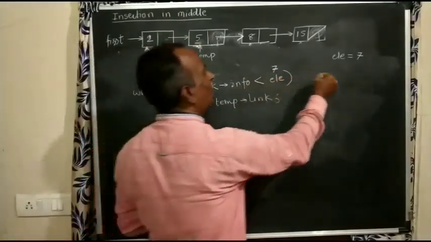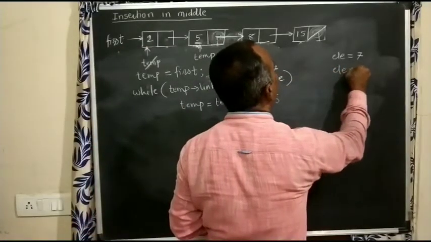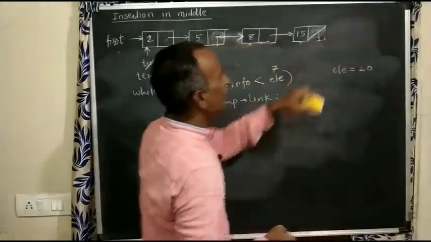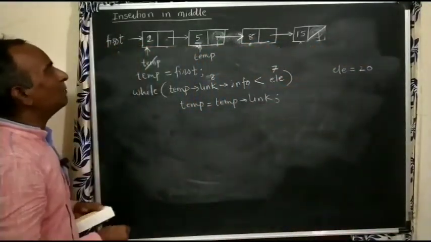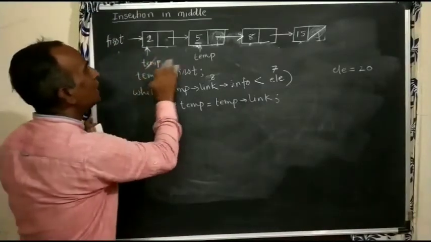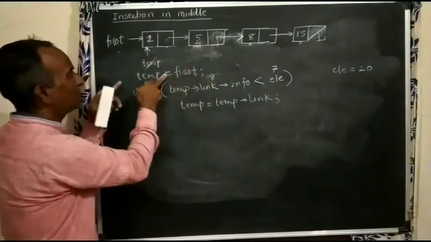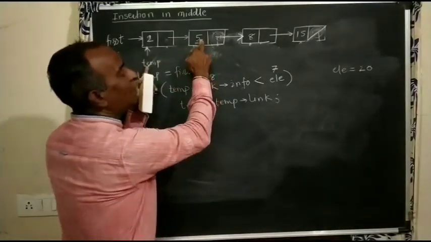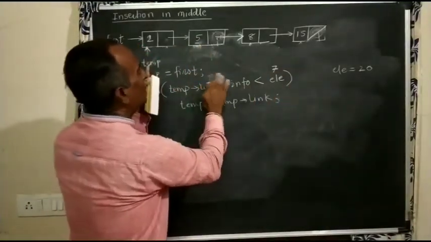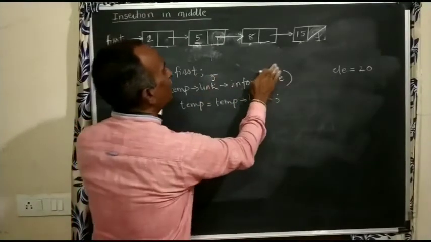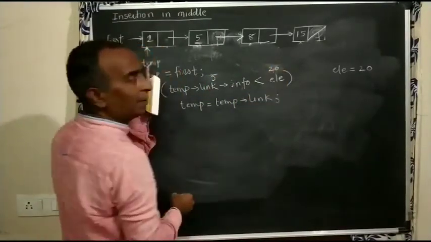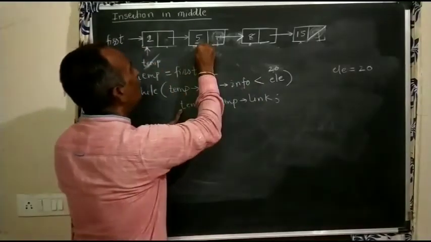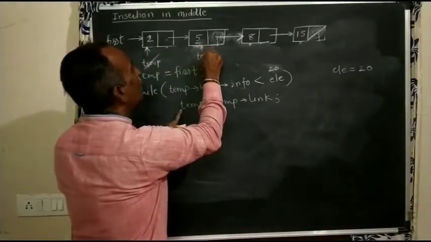Now we will check whether this logic works for the element to be inserted as 20. For 20 also, whether it works. Initially temp is at first. Temp's link's info, this 5, and 20. This is 5, the element to be inserted is 20. So this is true, temp is moved, temp will point to the next element.